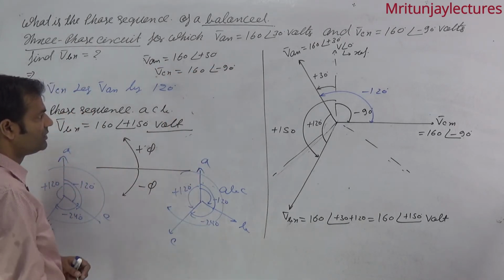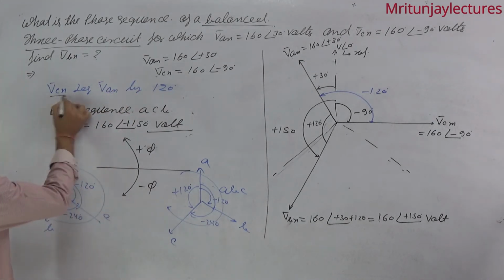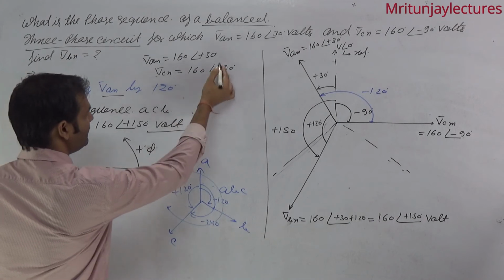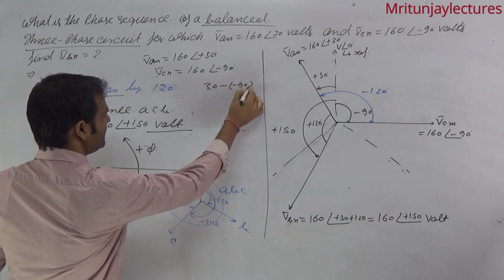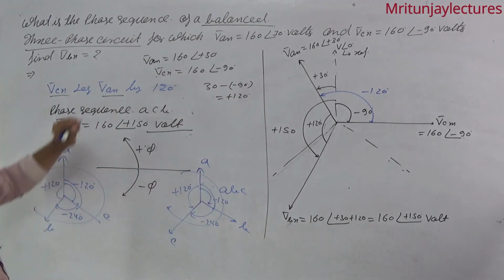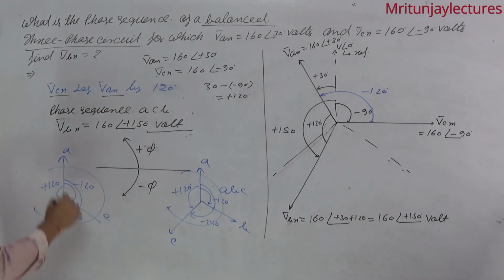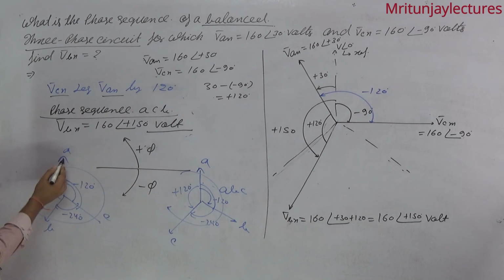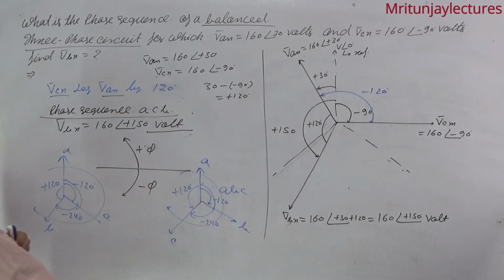So you know that VCN lags by how much angle? 30 minus (-90) is 120. It means VCN lags by 120, so this type of sequence is ACB. So what about VBN?